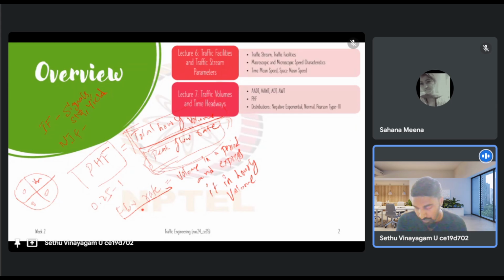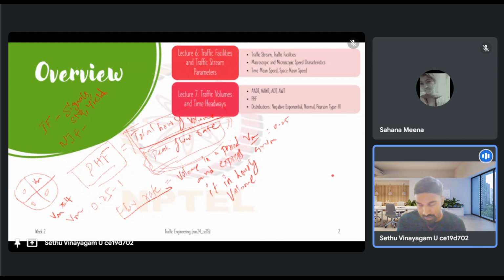So what will be the peak flow rate? Peak flow rate will be Vm times 4. What is your total hourly volume? Your total hourly volume is Vm, because it is the sum of all 4, but the other 3 are 0. So the ratio will be Vm by 4 times Vm, which will be 0.25. So this is the smallest possible peak hour factor that you can get.